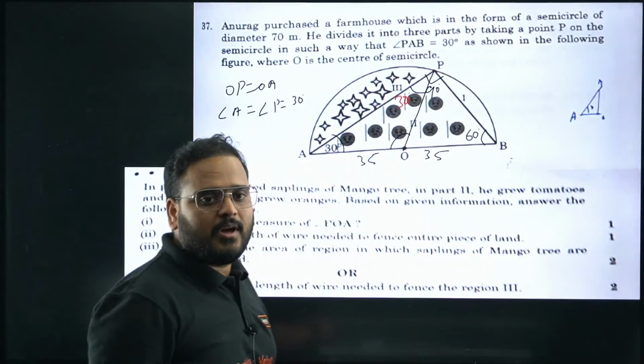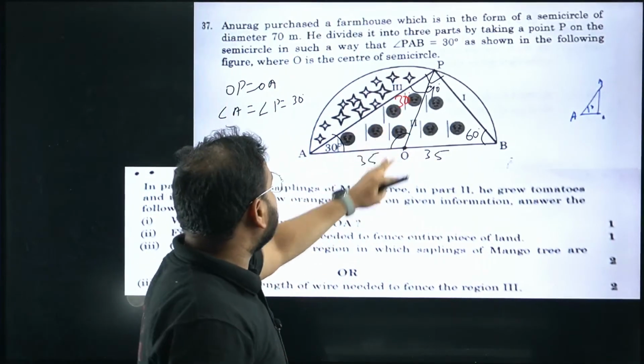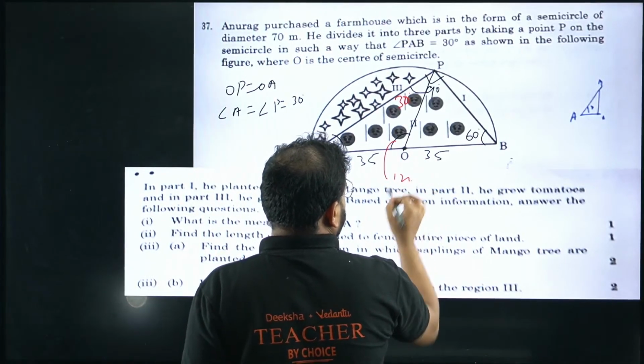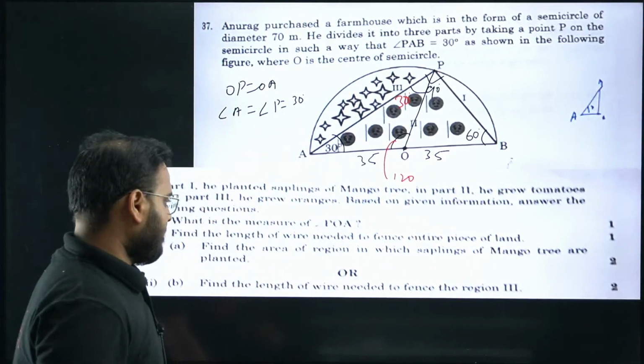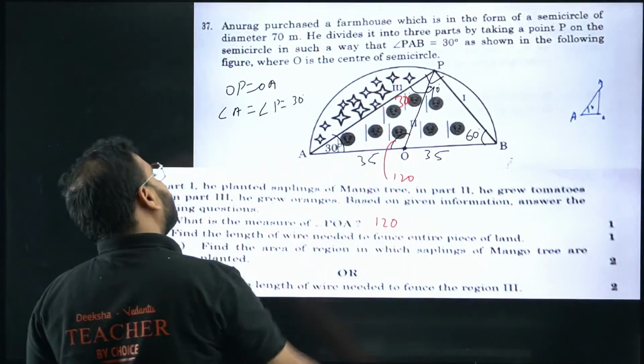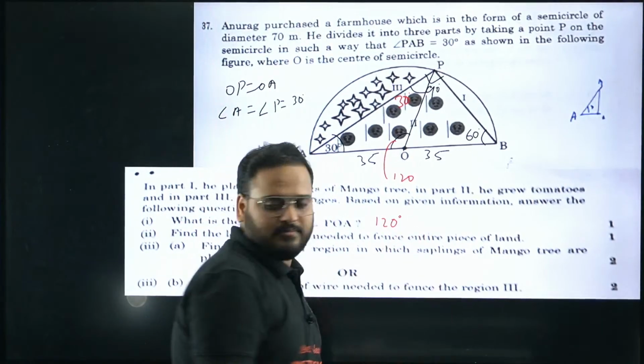Now in that case we're going to get a total of 60 degree. Then this has to be 120. So angle POA is nothing but 120. 120 plus 30 is 150, plus 30 is 180 degree. Part 1 is done. Have a look.